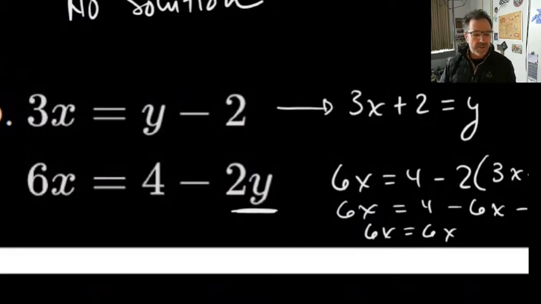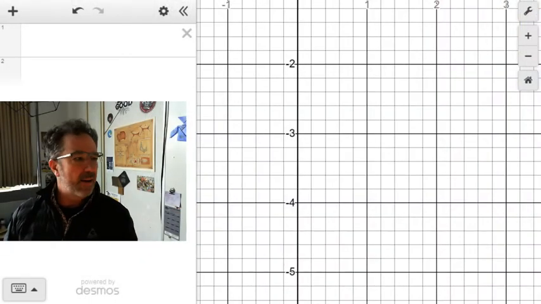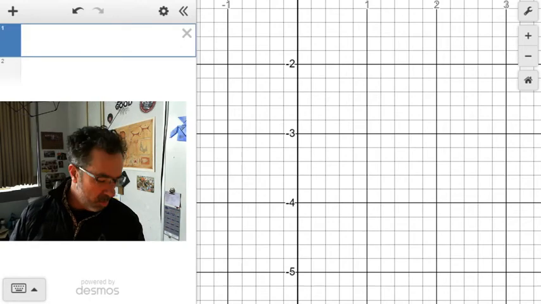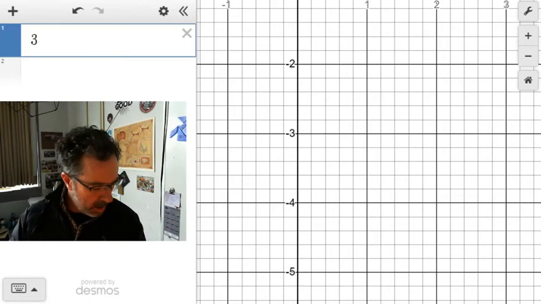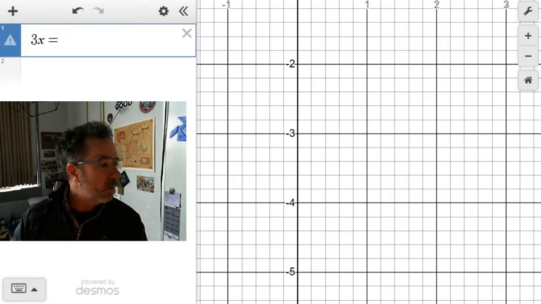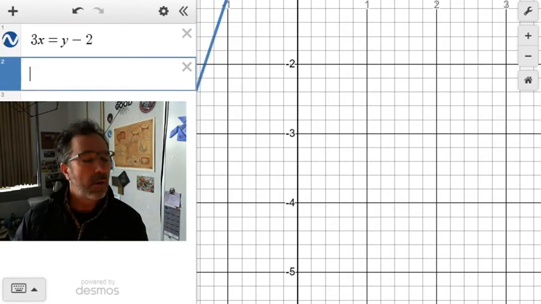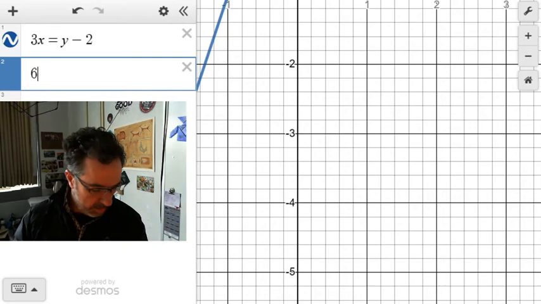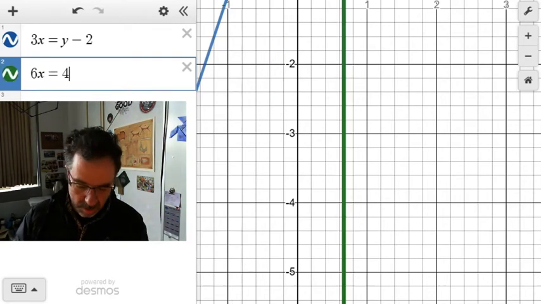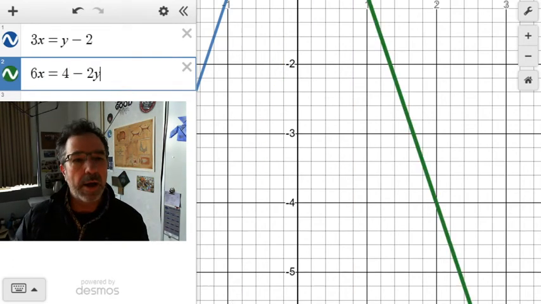They share all the same points. So let's look at that in Desmos. In Desmos, we go 3x equals y minus 2. And the other equation I'm going to write is 6 times x equals 4 minus 2y.